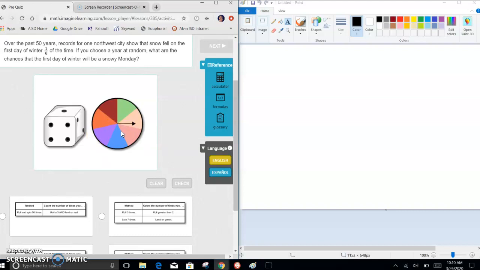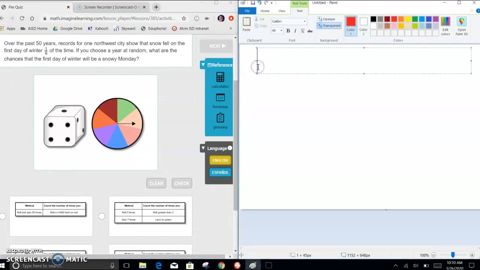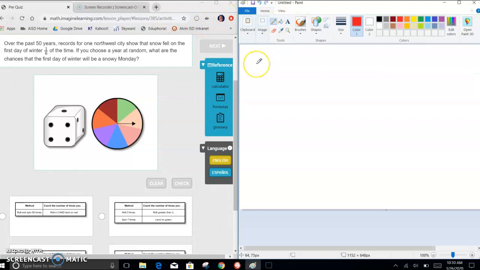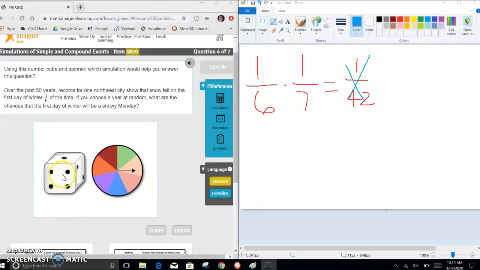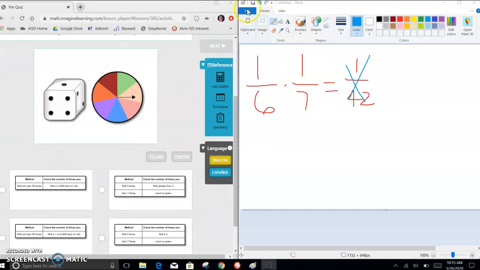If I multiply those, 1 out of 6 times 1 out of 7, I will get 1/42. That is not what I need for my answer. Oh, you know what? This is my answer, actually, because I'm not supposed to multiply.